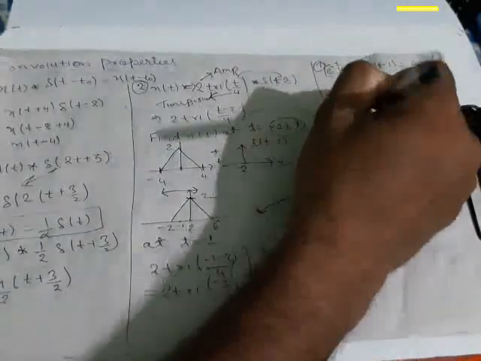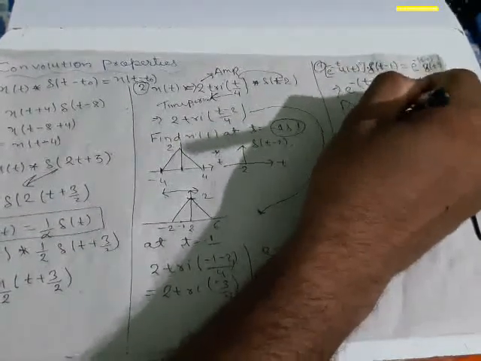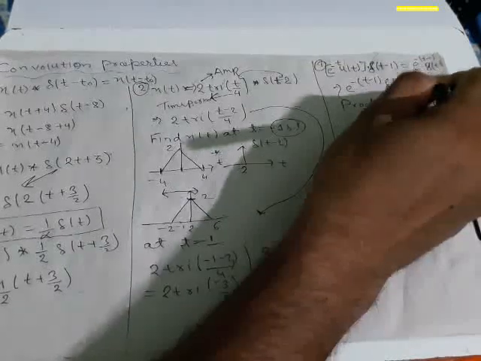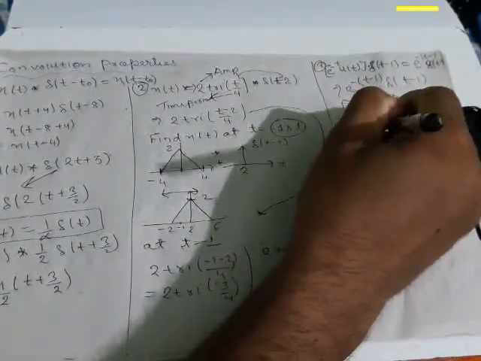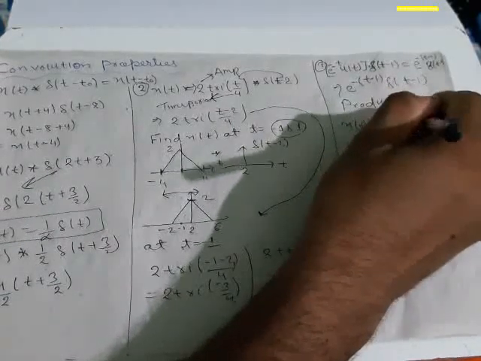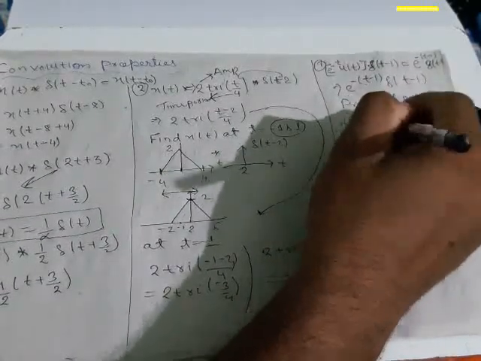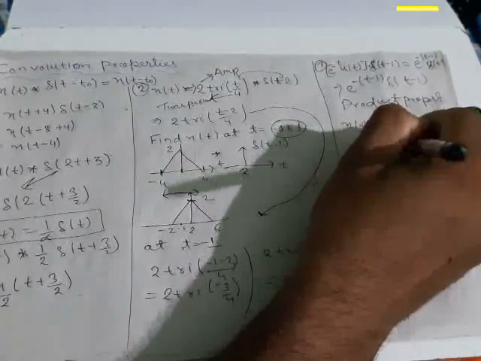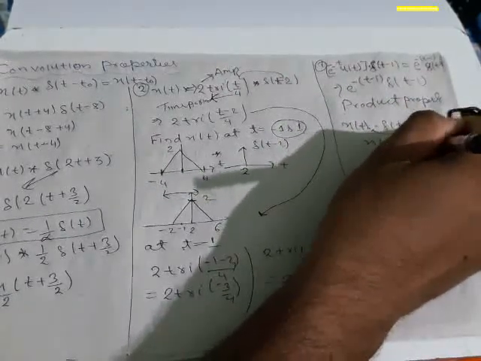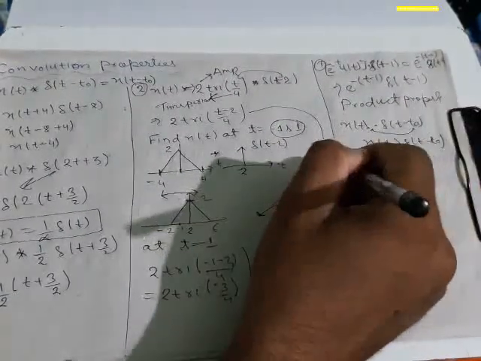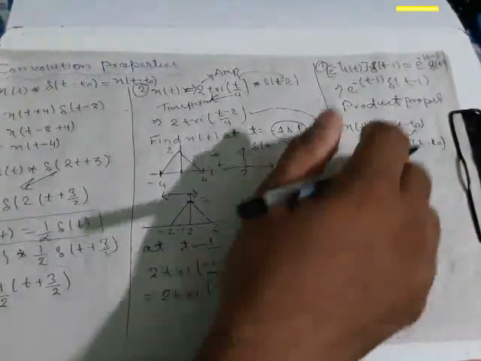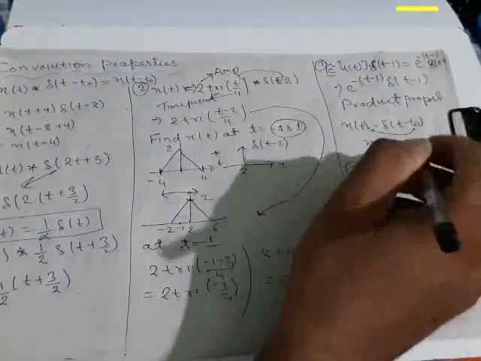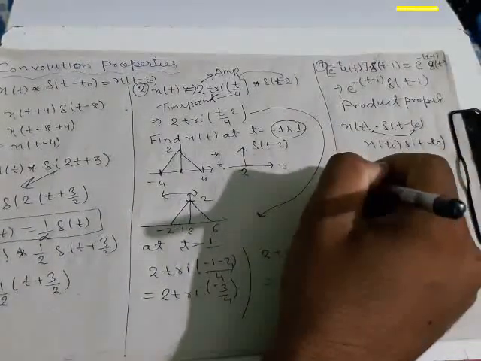Now next question is question number 12. Let's take that x of t equals u of t minus 3 minus u of t minus 5. It is given, and h of t, the impulse response, is exponential minus 3t into u of t.